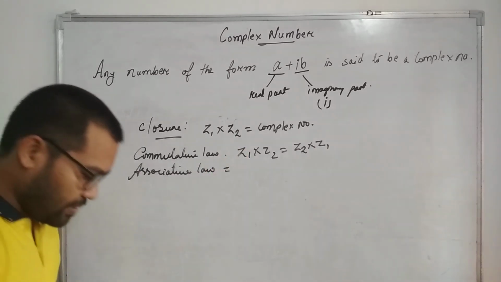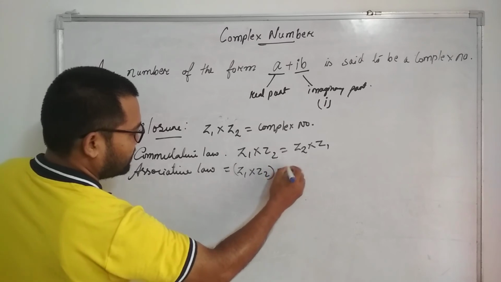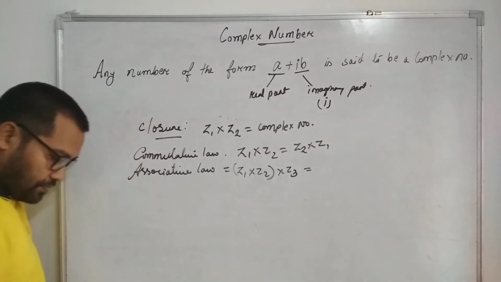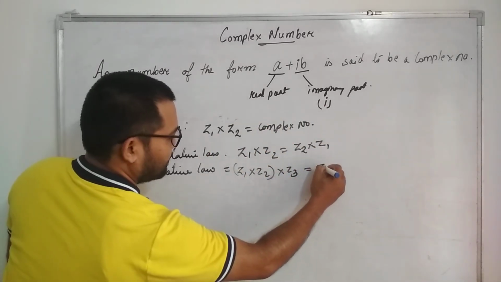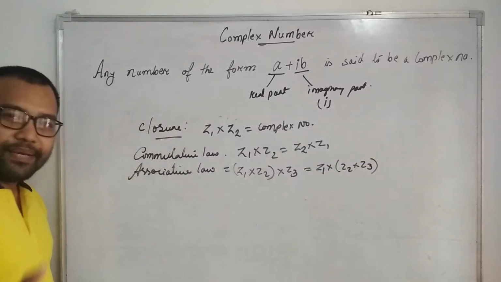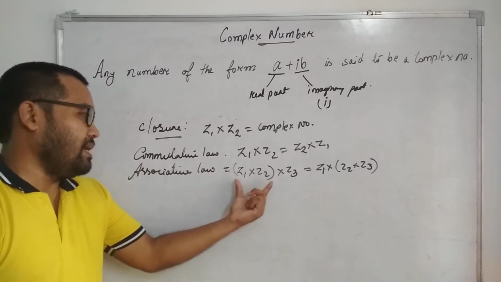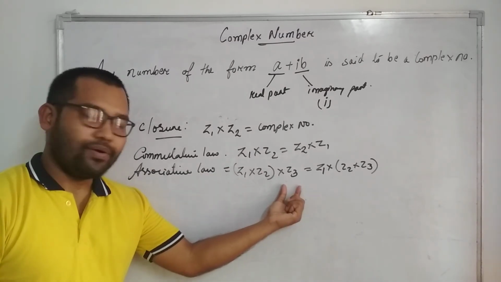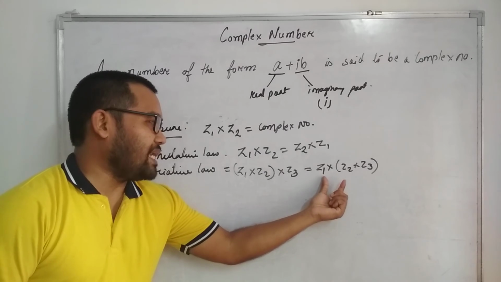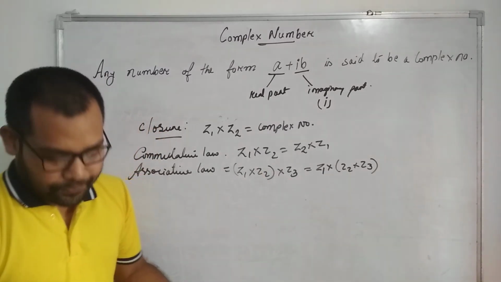Associative law is nothing but (z1 into z2) into z3 equals z1 into (z2 into z3). It is the same as the associative property of multiplication and addition. First two we multiply, then with the third, or the first alone with the second and third together. This is the way we can do it.